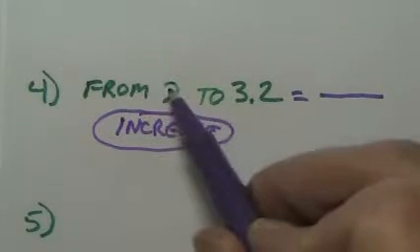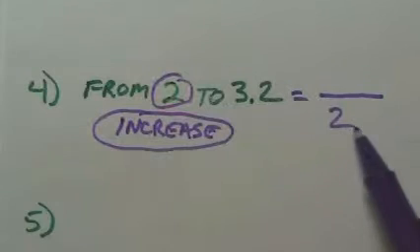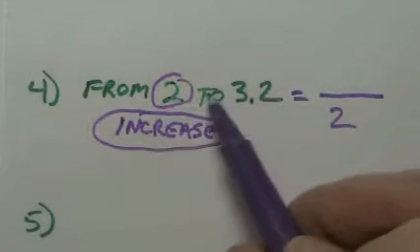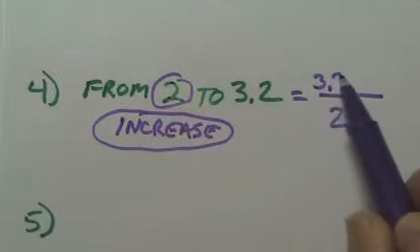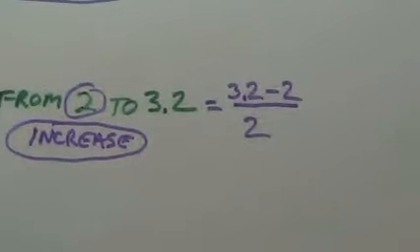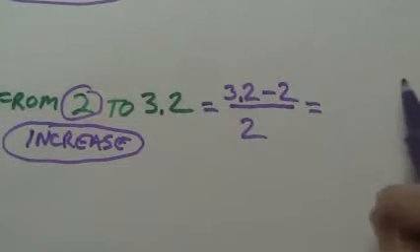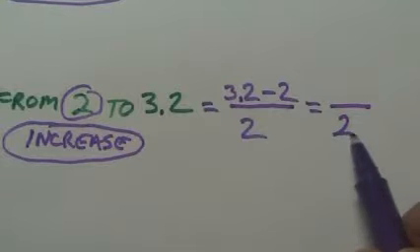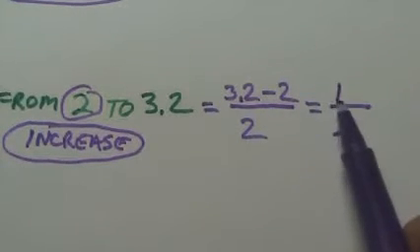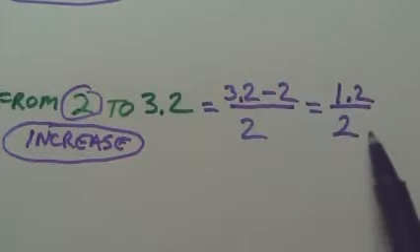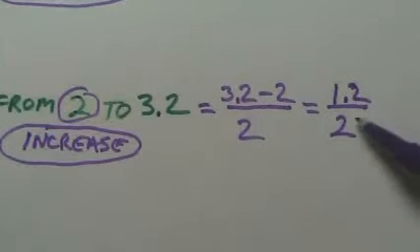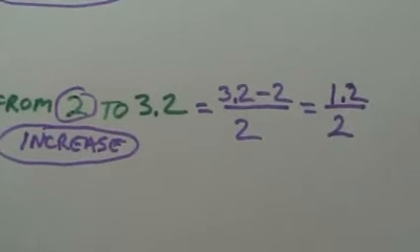Remember, the original number goes to the bottom, and then I subtract the two on top. So I'm going to take the big one minus the little one, 3.2 minus 2. Well, let's see, 3 minus 2 is 1, so it must be 1.2. Okay, that's all we can do right now, so let's stop right there.